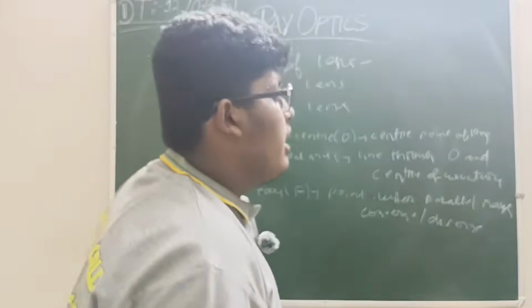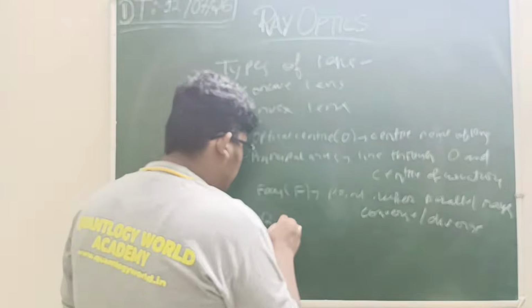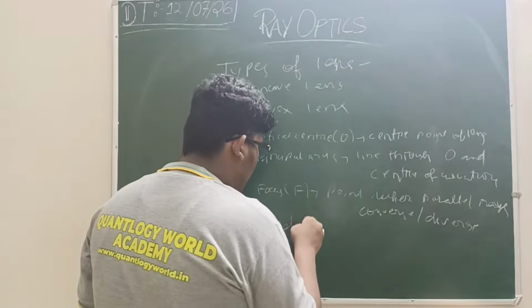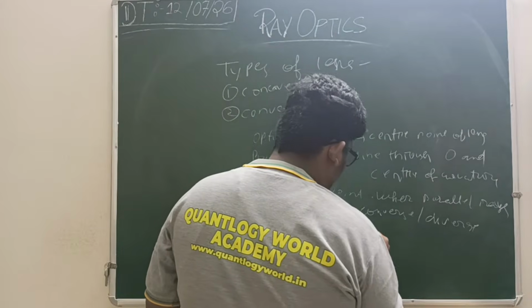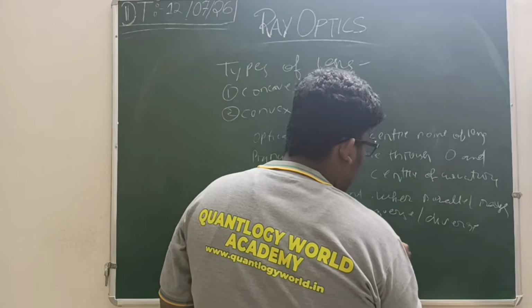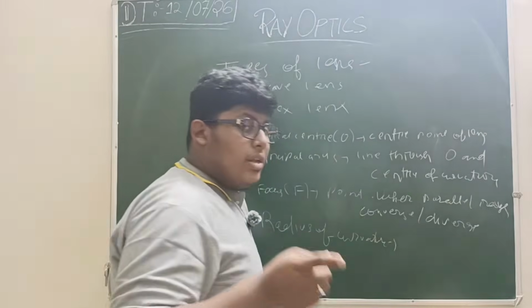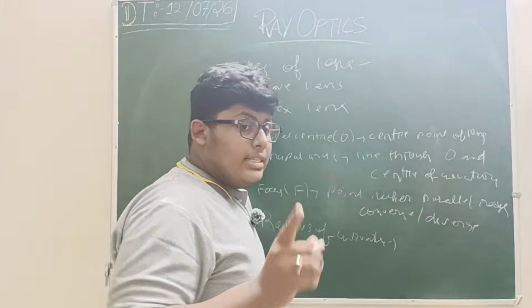Next is radius of curvature. This is the radius of the sphere of which lens is a part.